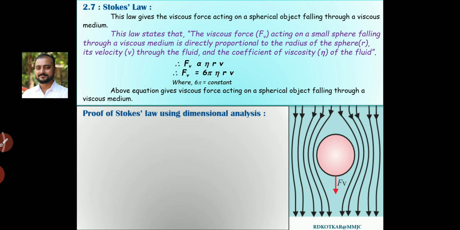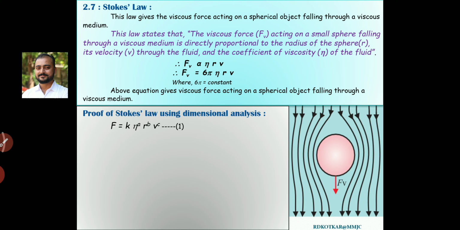Now the proof of this Stokes law using dimensional analysis. You know dimensions from the 11th standard where you studied dimensional analysis. One application of it lets us prove this Stokes law.